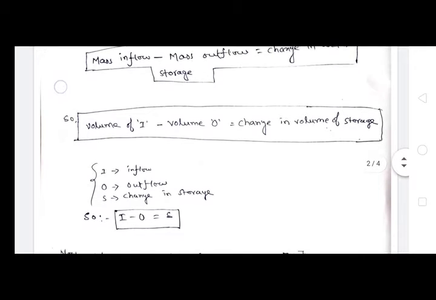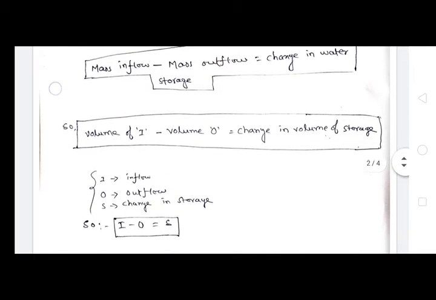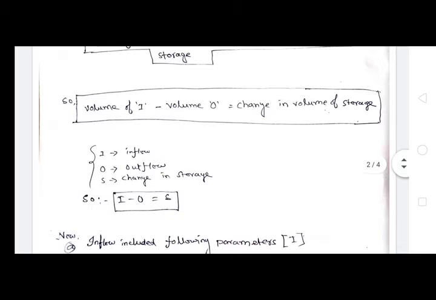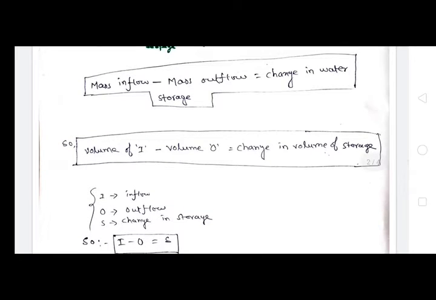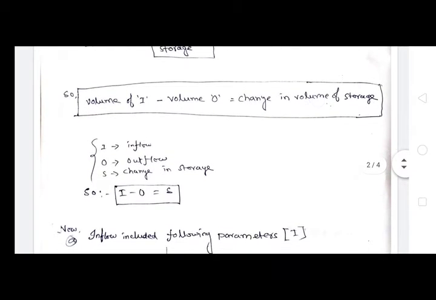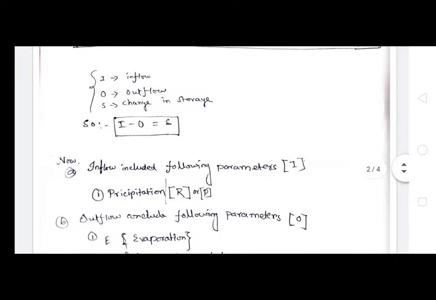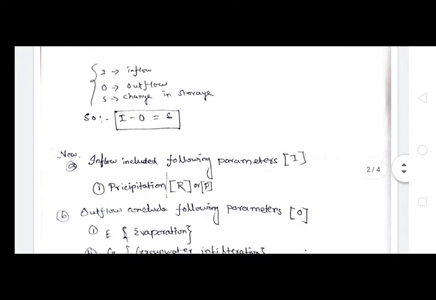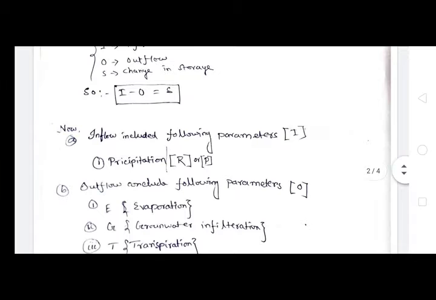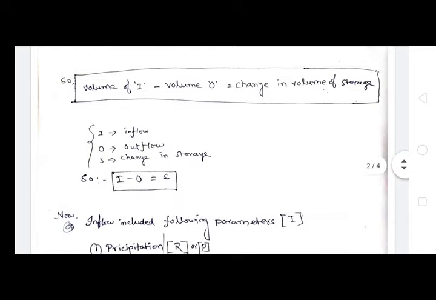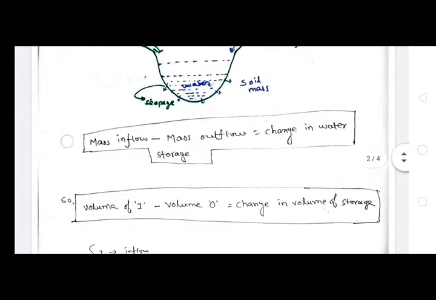So if density is constant, volume of inflow minus volume of outflow is equal to change in volume of storage. Now if we denote inflow as I, outflow as O and change in storage as S, the water budget equation would be inflow minus outflow is equal to change in water storage. That is what we discussed earlier.